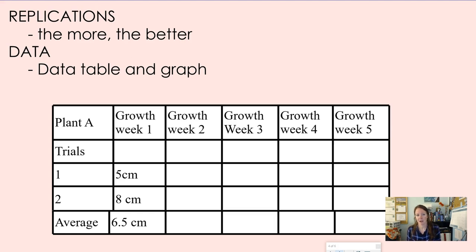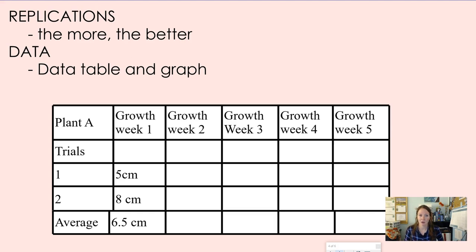So in my experiment, I probably want to try to get as many plants as possible. So I want a lot of plants in the light and a lot of plants in the dark. That way I know that there's not just a fluke, like maybe one plant is just a really strong plant, or one plant is just a really weak plant, and that doesn't throw off my data. Lots of plants to compare to.